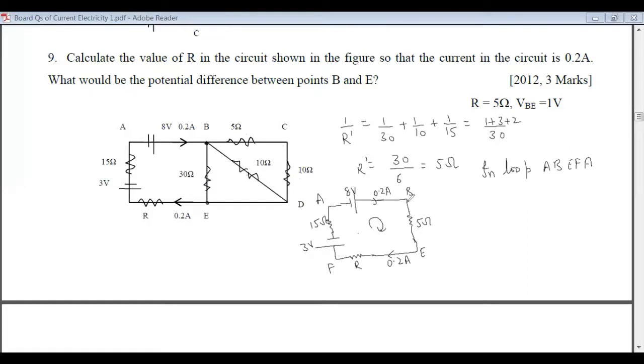Moving from A to B, first we get this 8 volt potential difference as we are moving from negative to positive terminal inside the cell. So 8 volt will be taken as positive.